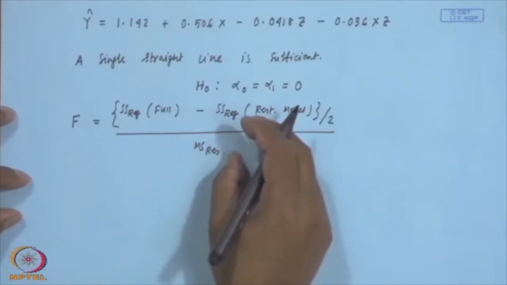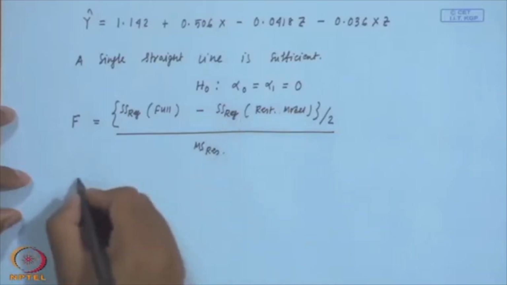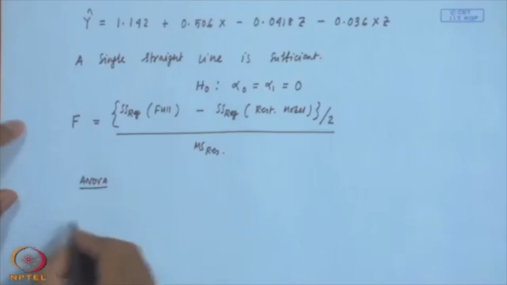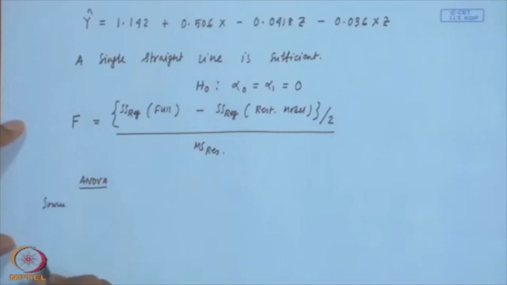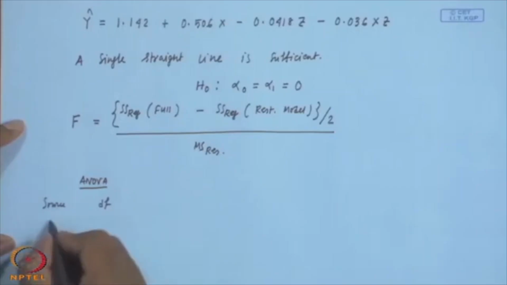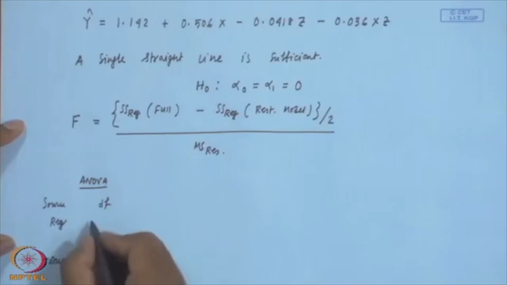Before doing all these things, I will construct the ANOVA table for the full model. The source total: there are 8 observations, the degree of freedom is 7, and the regression has 4 parameters.